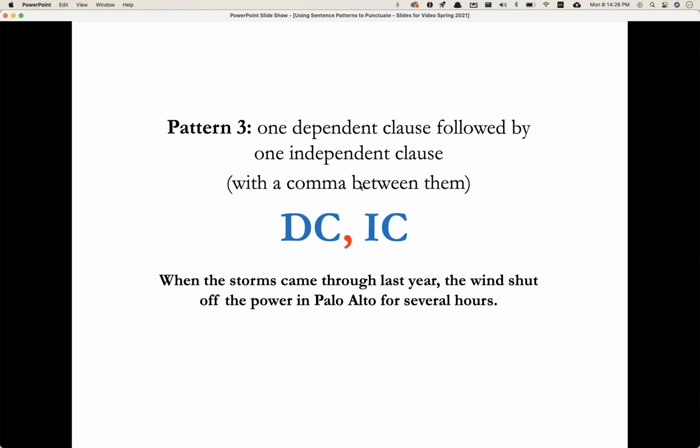If I were to reorder the sentence, I really wouldn't change its meaning at all. I could say the wind shut off the power in Palo Alto for several hours when the storms came through last year. I would no longer need a comma if I decided to order the ideas in that way. But because I put the DC first and then followed it by the IC, a comma after year was required.